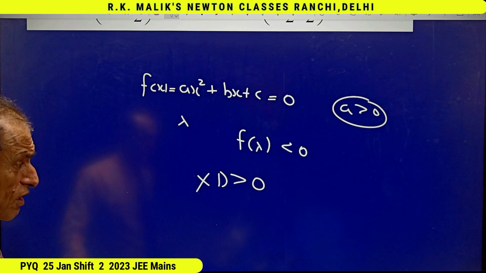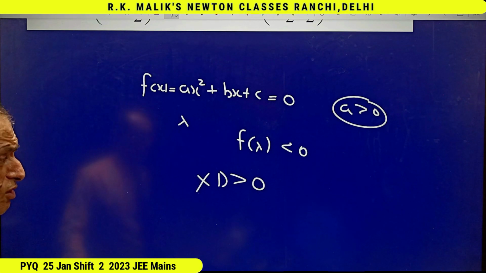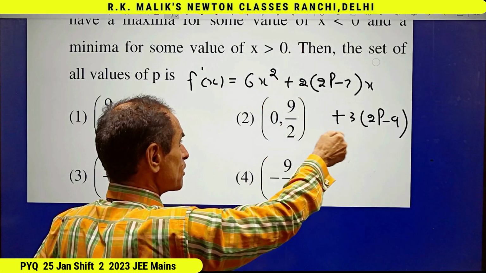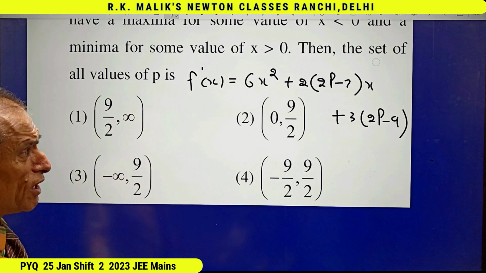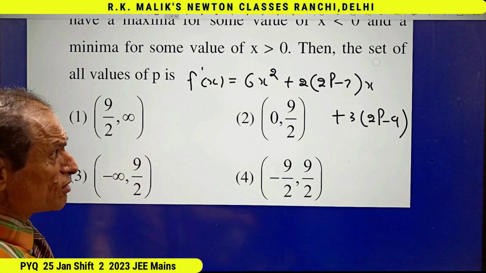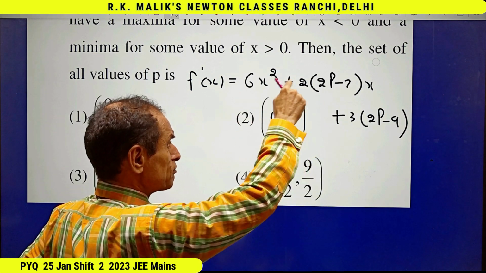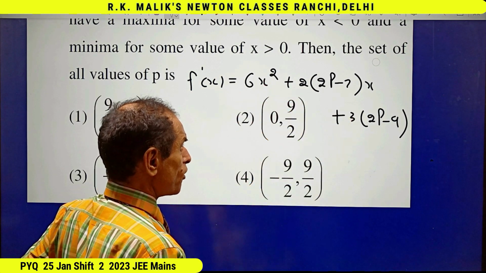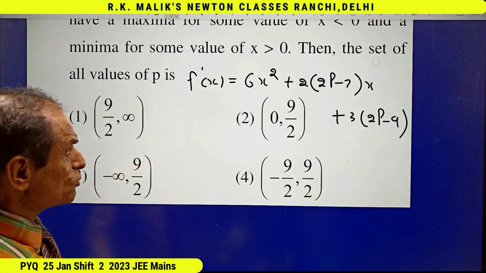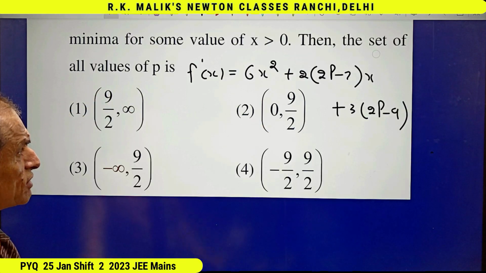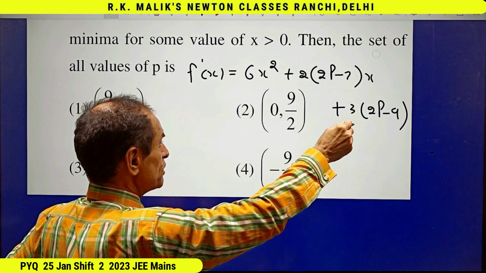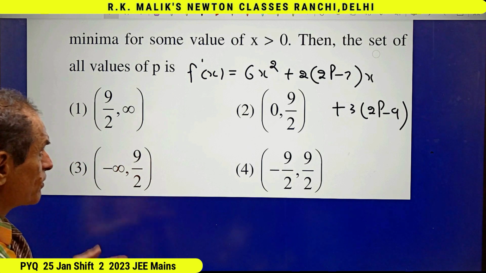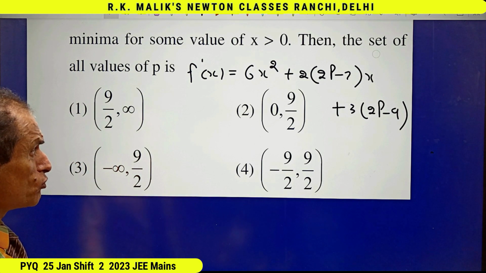And why? For the complete theory, again you will have to see my video lecture of quadratic equations made for JEE level. Because at the roots of this equation, the function has local maxima and minima, therefore one root of this equation should be less than 0, the other root must be greater than 0. And for this, the value of this for x equal to 0 should be negative, using the concept which I told you just now.